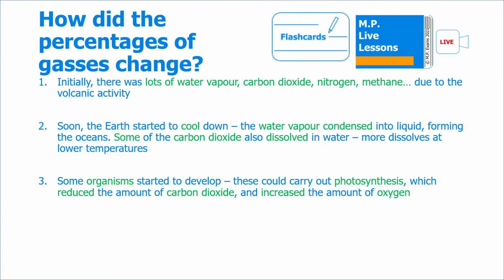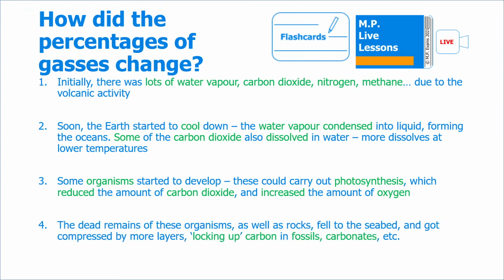And then even more organisms developed. When these organisms died, they fell to the bottom of the seabed and were compressed from above. So all the carbon stored in these organisms, as well as rocks, got compressed, and that means the carbon got locked up in things like fossils and carbonates.